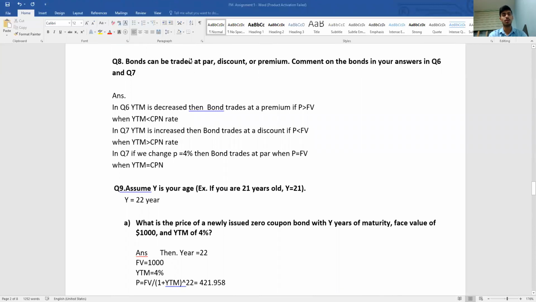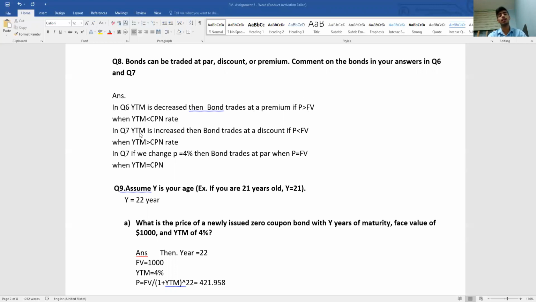A bond can be traded at par, discount, or premium. Comment on the bonds in your answers in question number 6 or 7. In question number 6, yield to maturity decreased, so the bond trades at a premium. Price is more than face value when yield to maturity rate is less than the coupon rate.